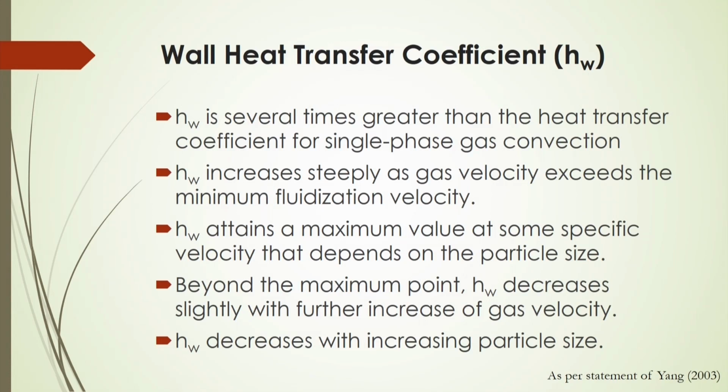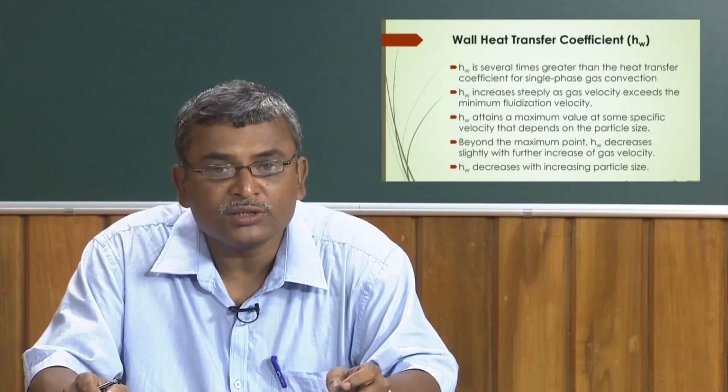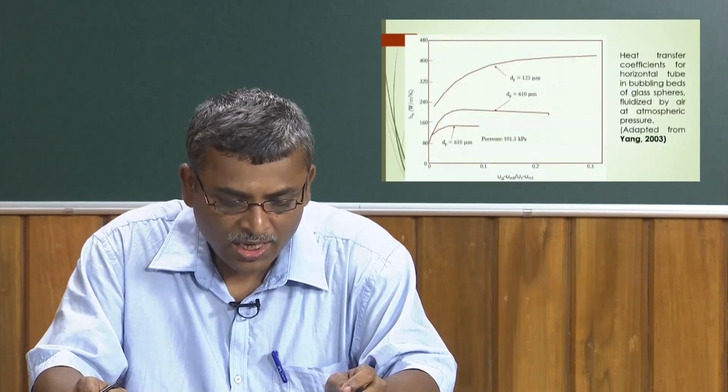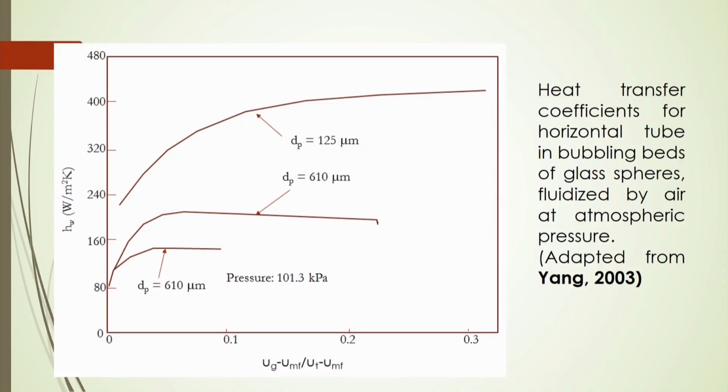So, in this case you will see that the wall heat transfer coefficient decreases with increasing particle size because of the surface area. Here in this diagram it is shown how the wall heat transfer coefficient changes with the relative velocity of the gas to the minimum fluidization velocity, for different pressures and particles.